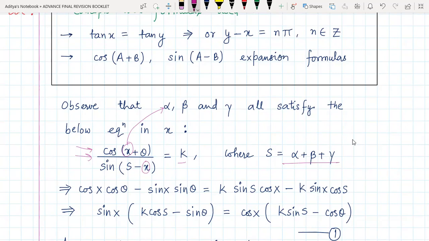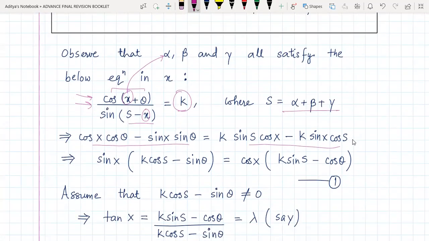We have simply cross multiplied and expanded cos of x plus theta as cos x cos theta minus sin x sin theta. Sine of s minus x we have expanded as sin s cos x minus sin x cos s, and we have multiplied by k. After that, I have collected the terms by taking sin x common from this term and this term, and cos x common from this term and this term. So basically we have rearranged in this manner.